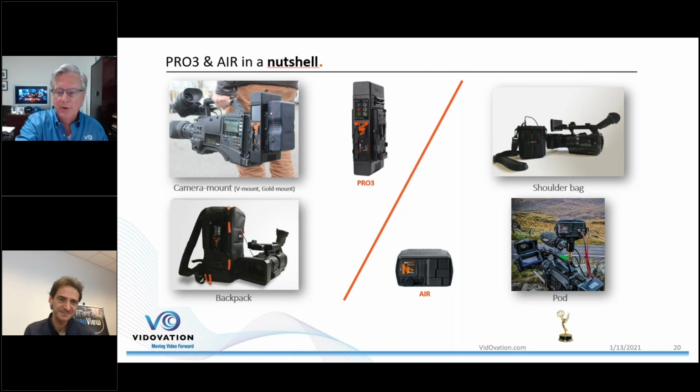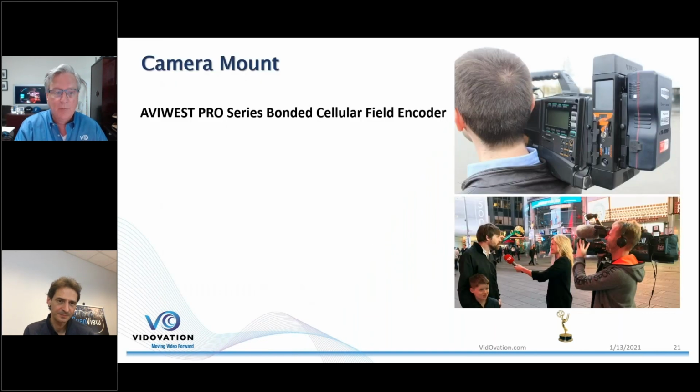And then the Pro 3. Then on the right, we have the Air, and there's a little pouch that it goes in. You can wear that over your shoulder, or some customers, similar to mounting the CyanView on the camera, mount them together on the camera. The Air has a 1/4-20 mount to put it on an accessory shoe on the camera.